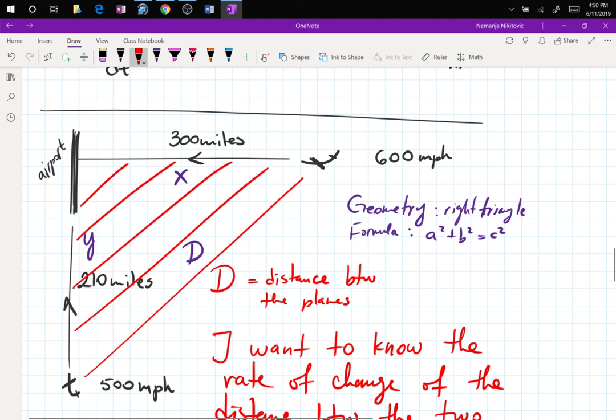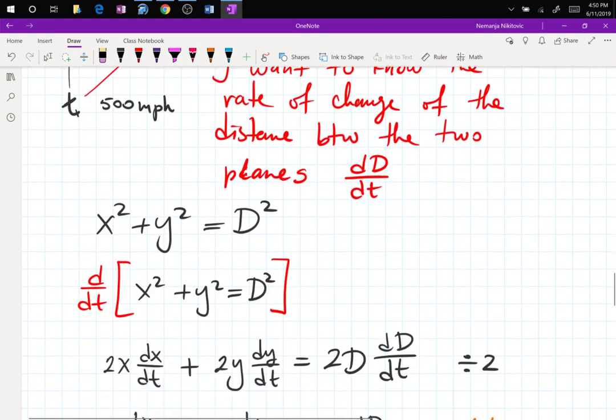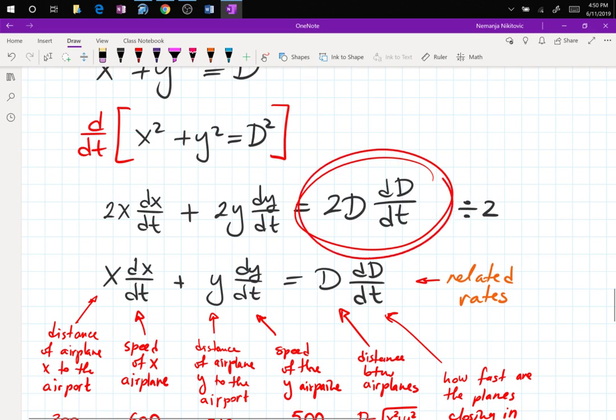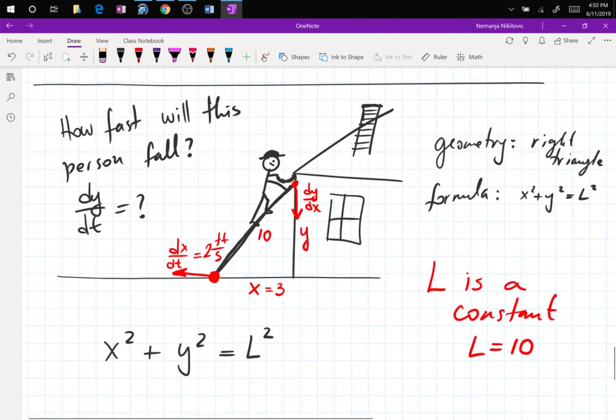And as airplanes are approaching the airport, the distance between the two airplanes is also changing. So this capital D was also a variable, and we had to differentiate that variable, which is why we had the term where we differentiated D and got dD/dt. Now in the new problem, the ladder is always 10 feet tall. No matter which way you put the ladder, it's always going to be 10 feet long.